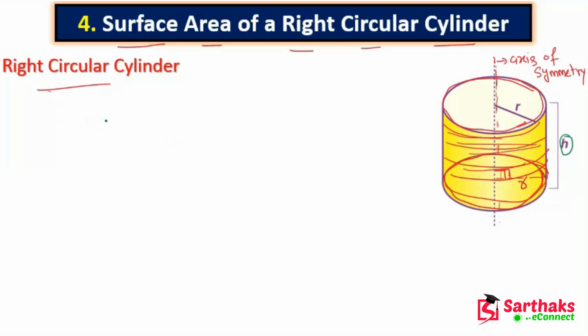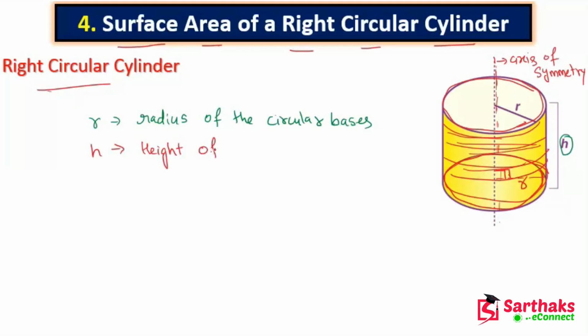Here we can write r is the radius of the circular bases, and we know that these two circles have the same radius. And h is the height of the cylinder.